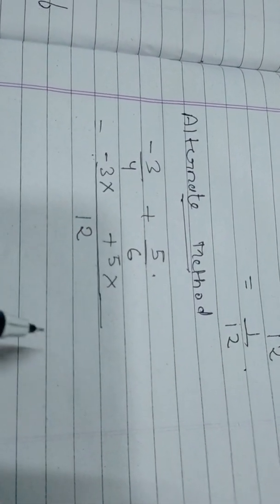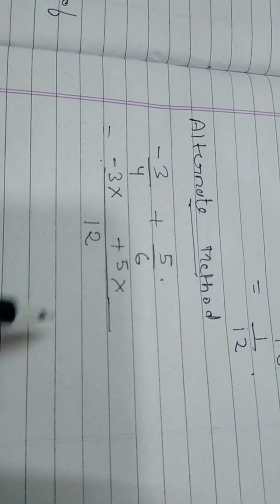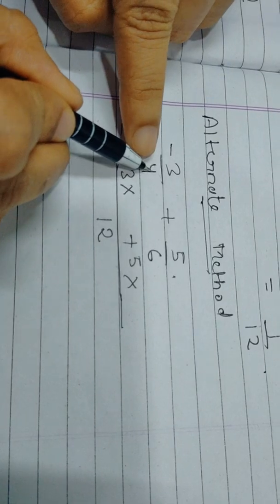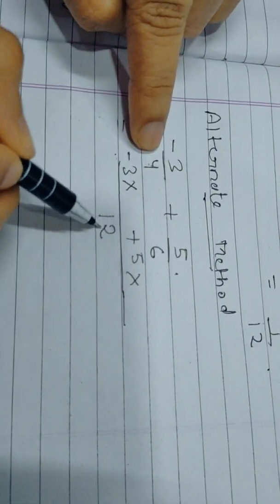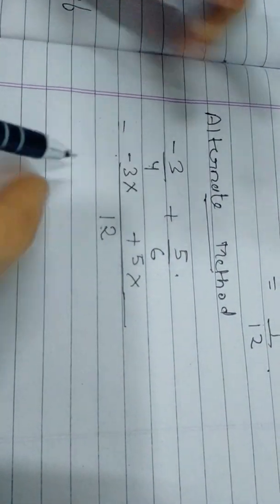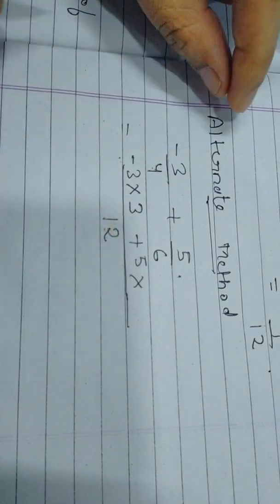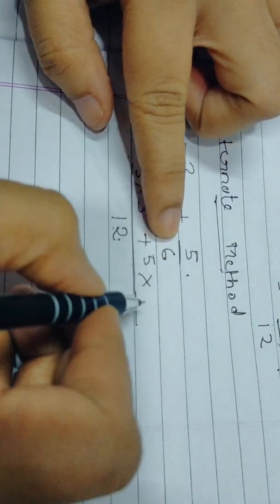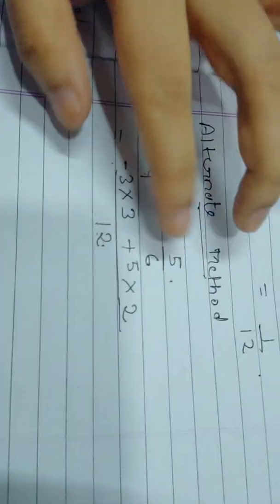This is my own method of how I solve it. We just divide this 4, that is the denominator, into its LCM. 4 3s are 12, so we write 3 here. Again we divide the next number, 6 2s are 12, so we write 2 here.